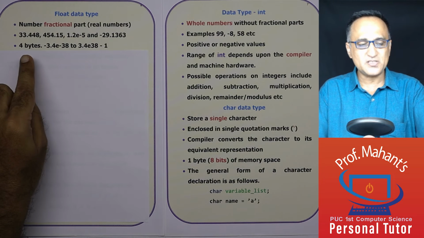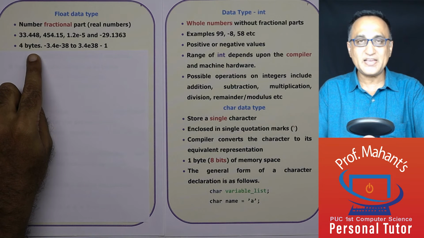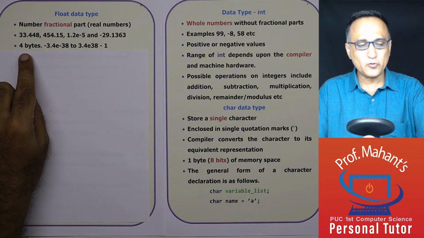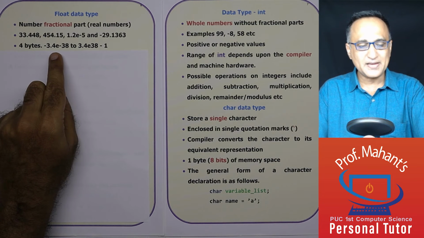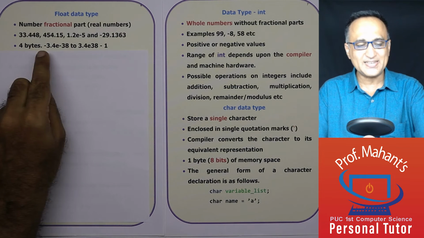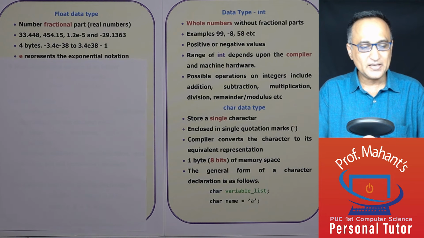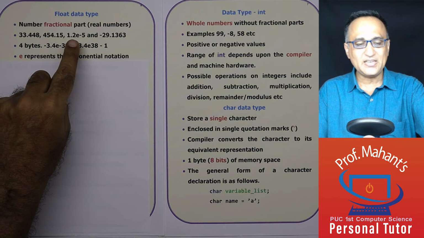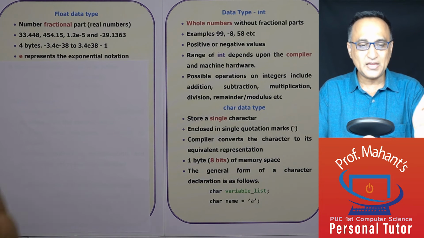Generally on most machines, floating point data takes up 4 bytes, that is 32 bits. If it takes 4 bytes, the range is minus 3.4 e raised to minus 38 to 3.4 e raised to 38 minus 1. That is the range of a floating point number. E represents the exponential notation. Anything before the E is the mantissa, and what follows E represents the magnitude or the exponent.